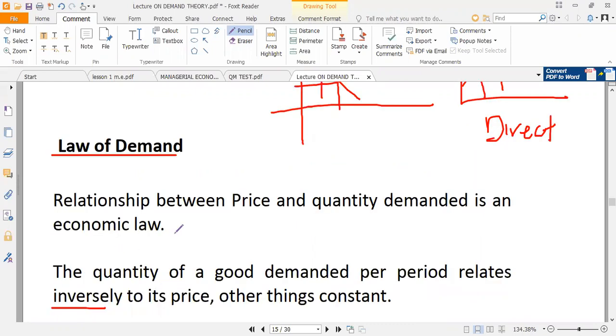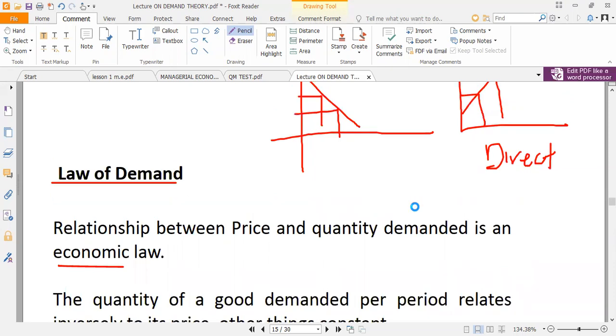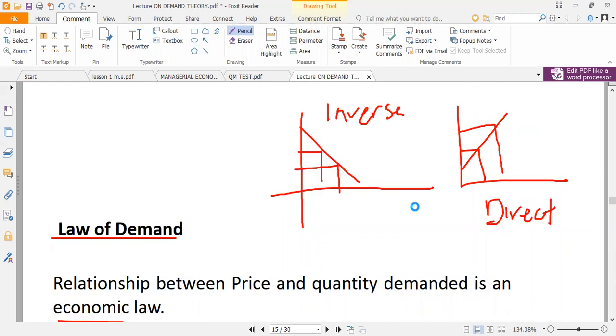The relationship between price and quantity demanded is an economic law. This economic law states that the quantity of a good demanded per period relates to its price inversely. So you can say the law of demand states that price and quantity are inversely related. That is the law of demand.